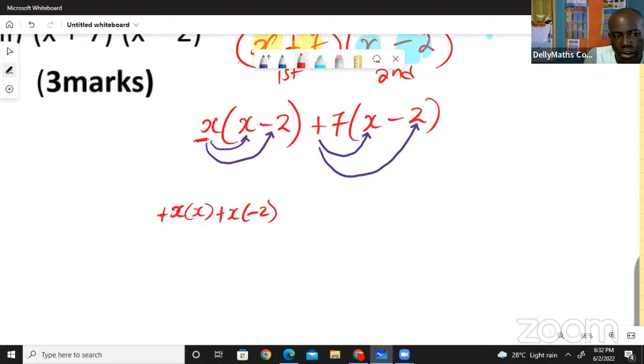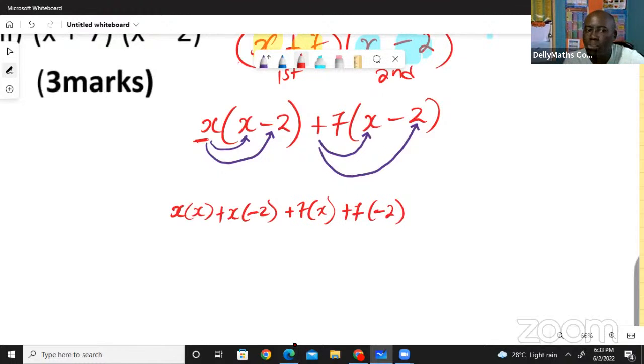That's why I didn't put it there. It's because it's the first one I'm writing and it is positive. So it's understandable by the world. But by the time I'm supposed to go inside, because other things are already written, I have to show that it's a positive x times a negative 2. Now it is a positive 7 times x. It is a positive 7 times negative 2.